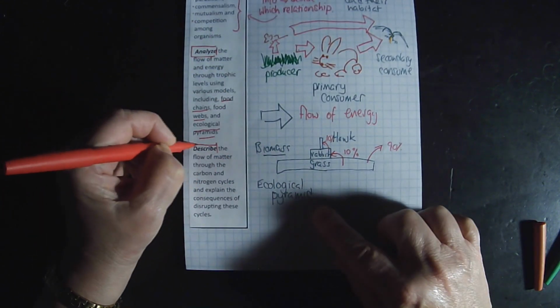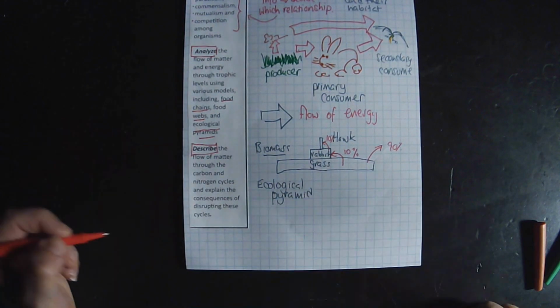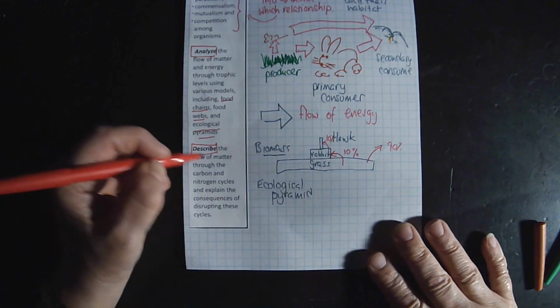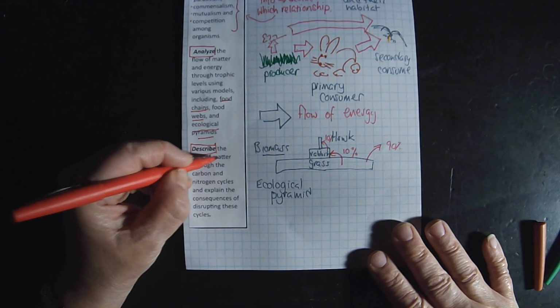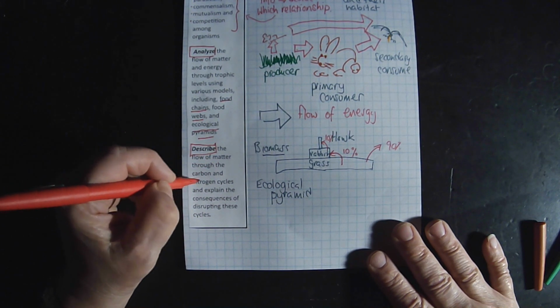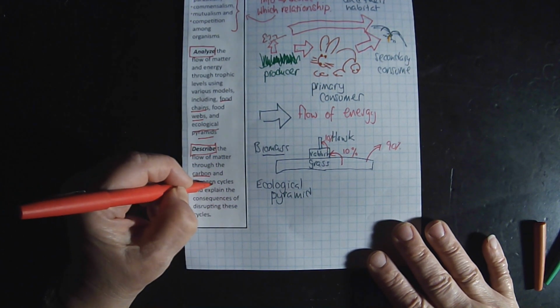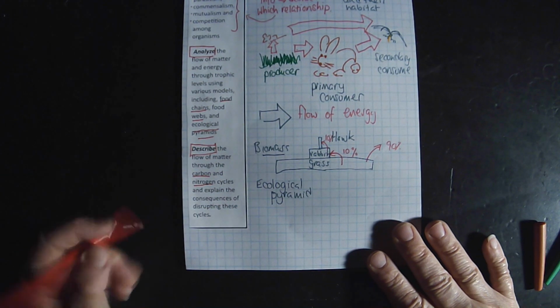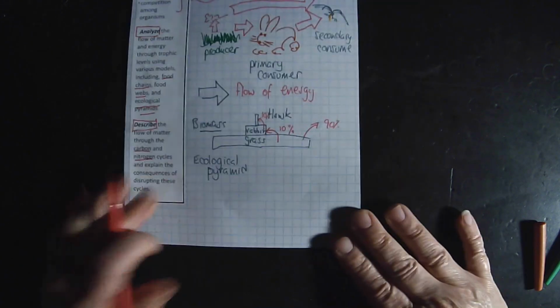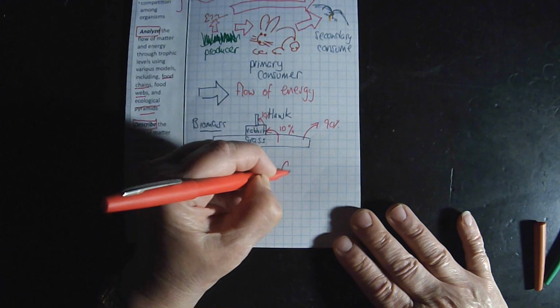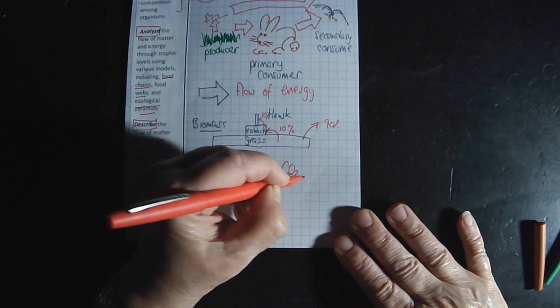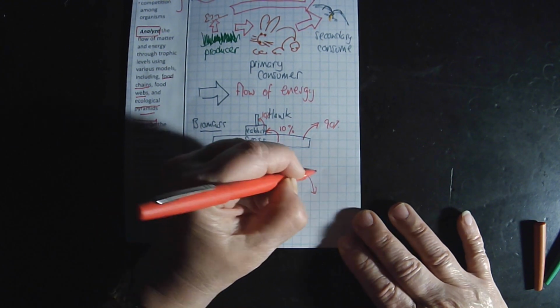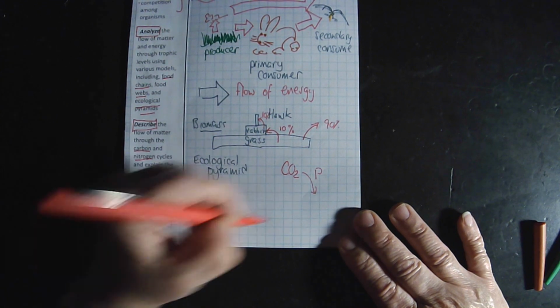The last objective we've got is another good verb, describe. So what are we going to have to describe? Well, we are going to have to describe the flow of matter through the carbon and nitrogen cycles, right? So carbon and nitrogen cycle, basically, there's CO2 in the air. We know plants take it in through photosynthesis.